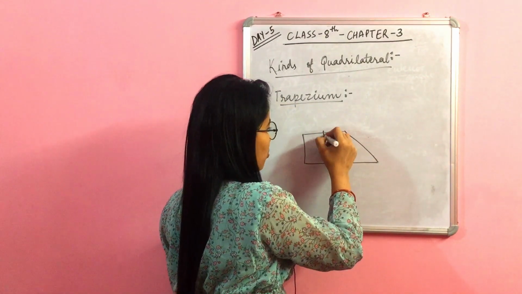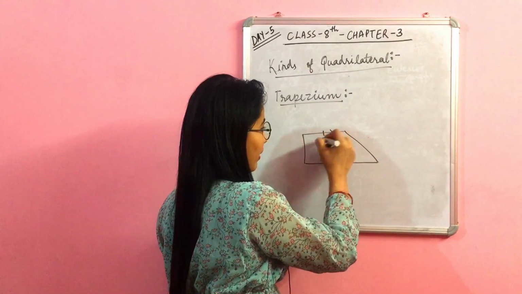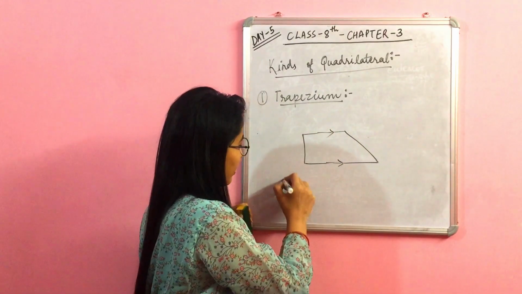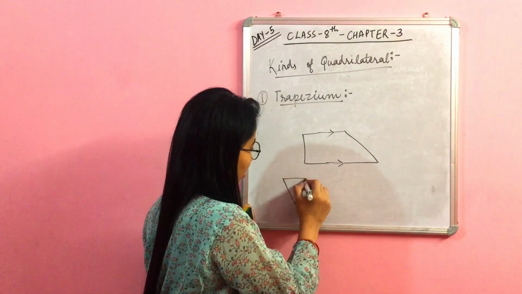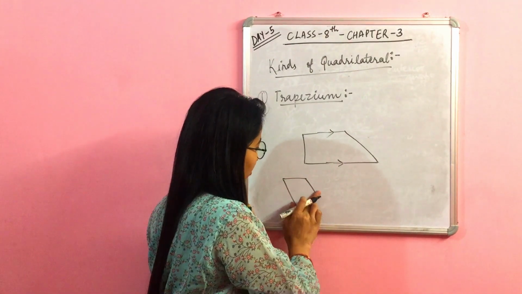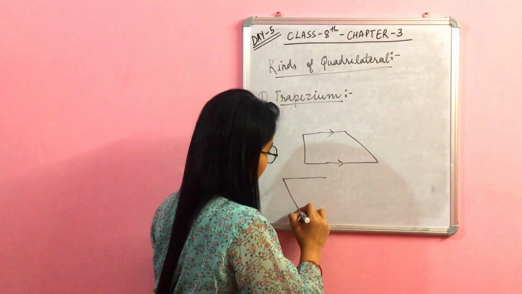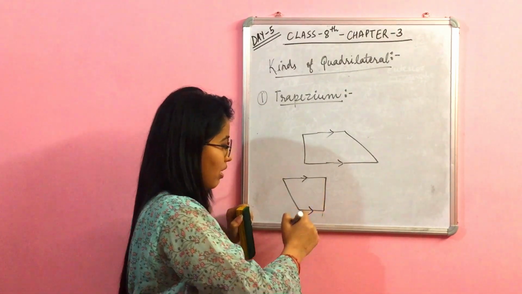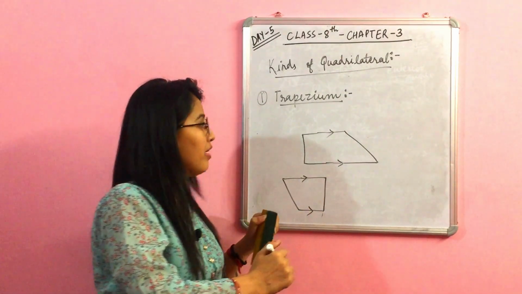As these two lines are parallel to each other, this is a trapezium. Similarly, this is also a trapezium. Why? These two lines are parallel to each other, right?